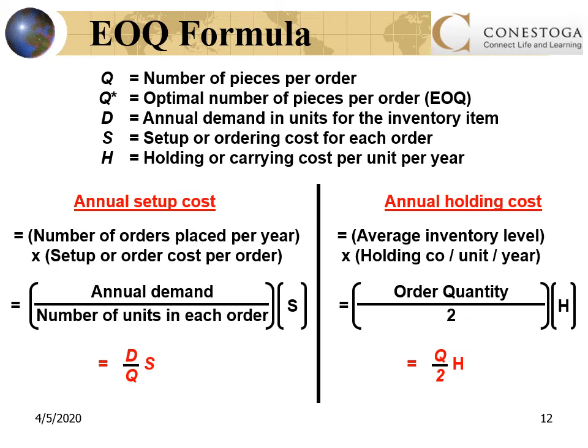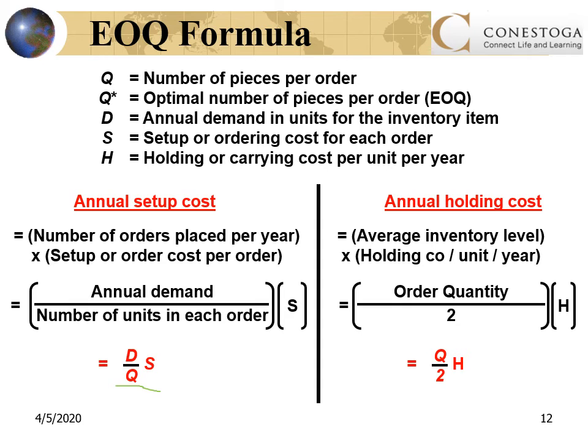So D by Q represents the number of orders that I will be placing each year. Now when I multiply it by S, that's the total ordering cost. So the total ordering cost is the number of orders times the setup cost per order, which is D by Q multiplied by S.